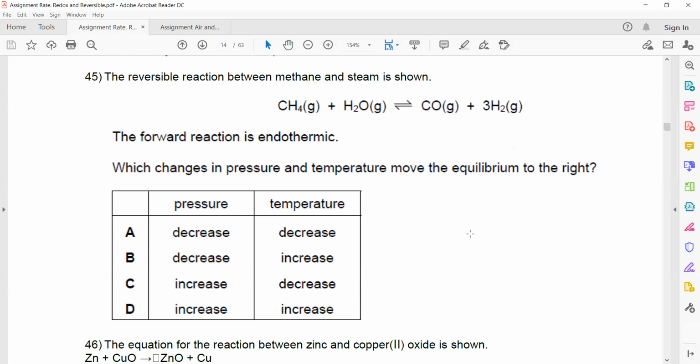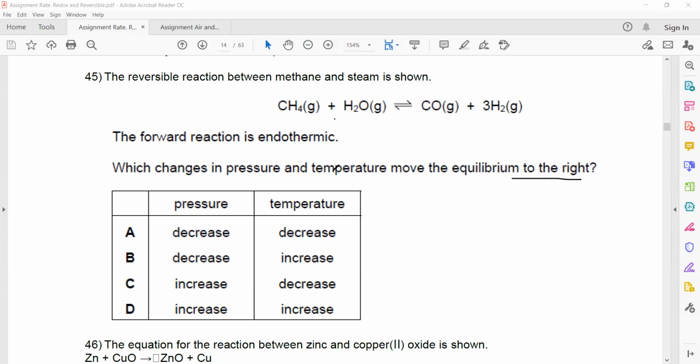Question 45. So the pressure, you want the equilibrium to shift towards right.